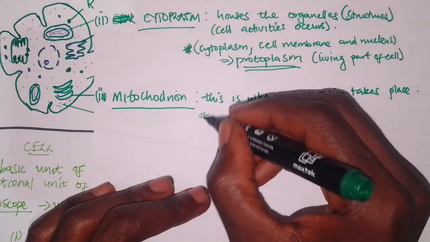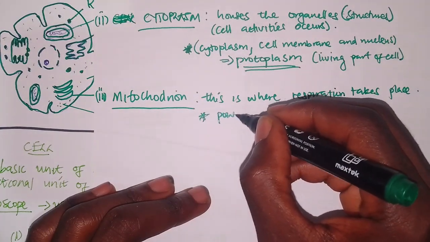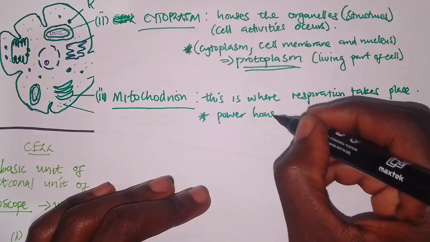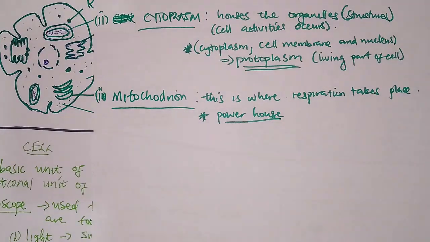And for this reason, it is known as the powerhouse. So in case they ask you again, why is the mitochondria known as the powerhouse of the cell? This is because this is where respiration takes place.